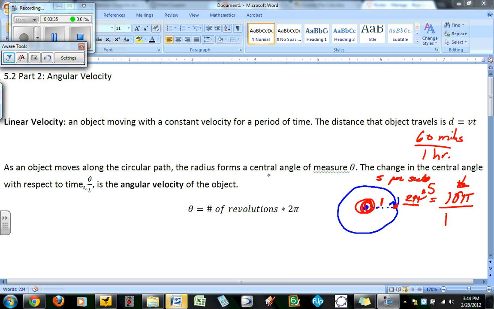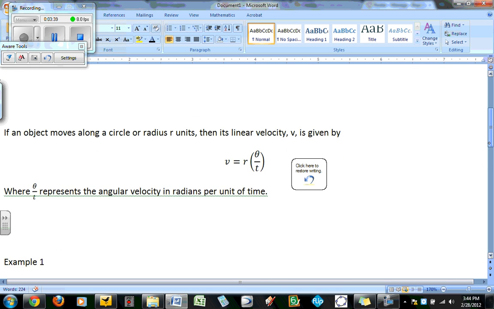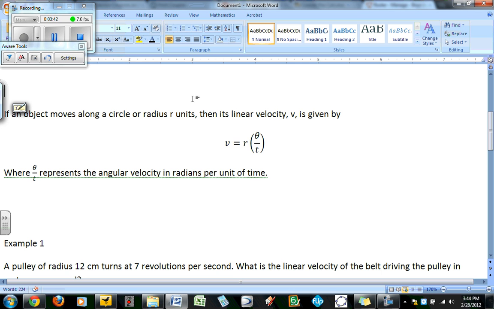Well, how do these two relate? If an object moves along a circle of radius r, then its linear velocity is given by the equation: rate times time, right? And this is going to be our angular velocity. That's what we just talked about, where theta over t represents the angular velocity.